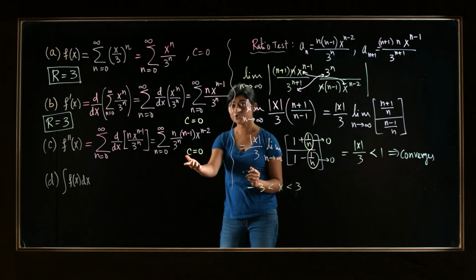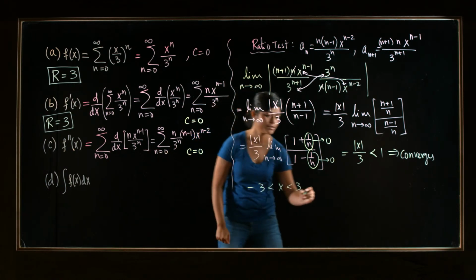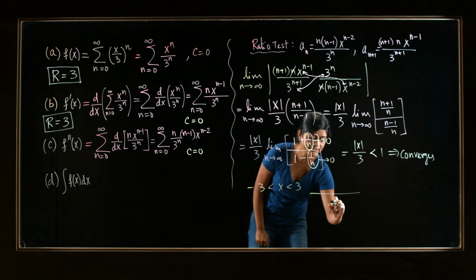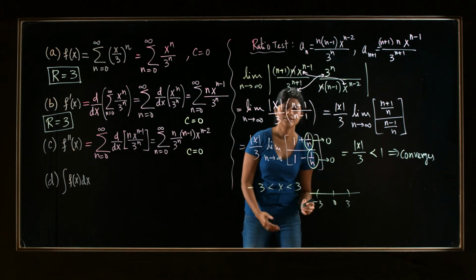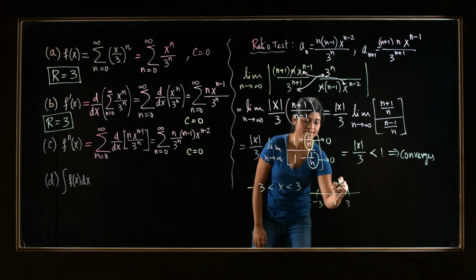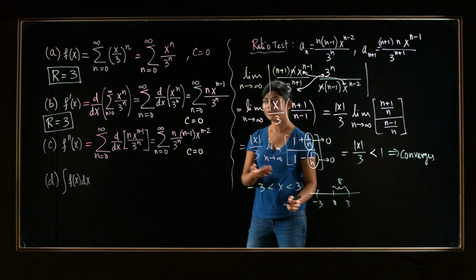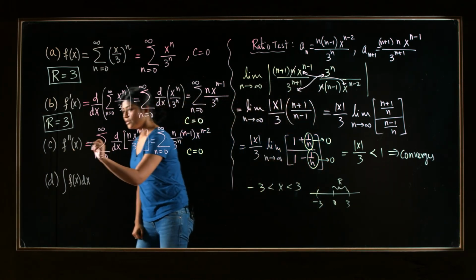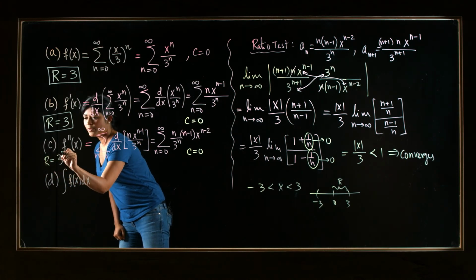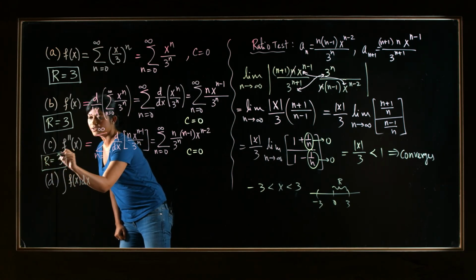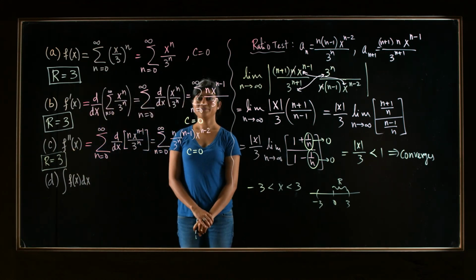Also note the center is 0 for this new power series. So if you draw the number line, center 0, interval is between -3 to 3. Therefore, the radius is the exact same radius as before. Radius is again 3. So for this second derivative, this new power series, the radius of convergence is also 3.